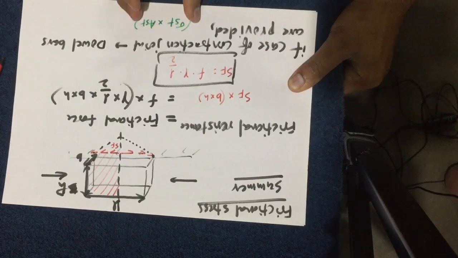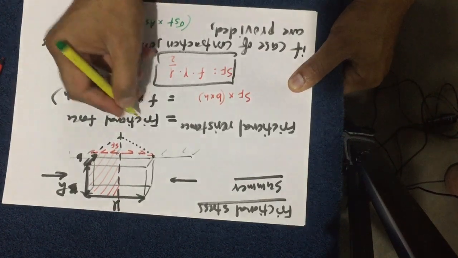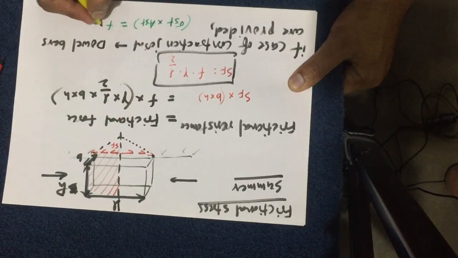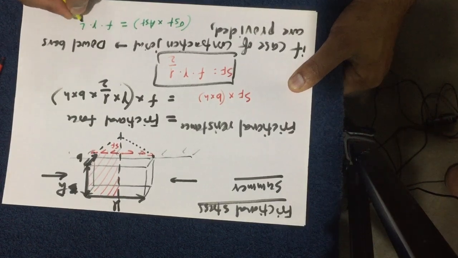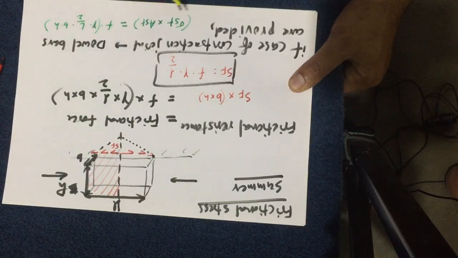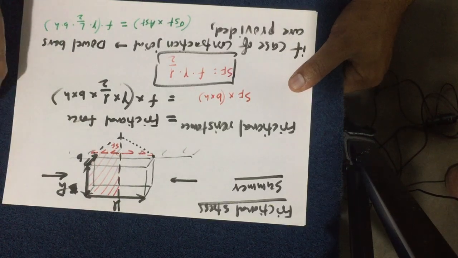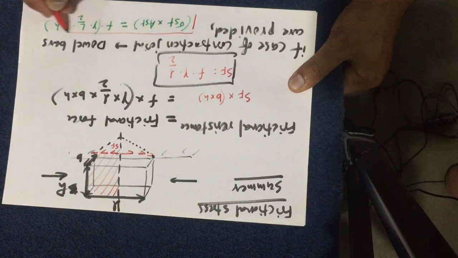This equals the frictional resistance, and the frictional force will be similar, means F into gamma into L by 2 into B into H. So from here, you can calculate the value of sigma st, Ast or L, BH, whatever it is. I was just showing that the calculation part is similar.